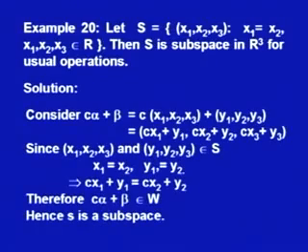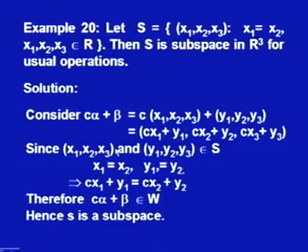Again consider the combination C alpha plus beta, which is equal to C times x1, x2, x3, this triplet belonging to S, plus y1, y2, y3 belonging to S. Then simplifying the right hand side, we will have Cx1 plus y1, comma, Cx2 plus y2, comma, Cx3 plus y3.